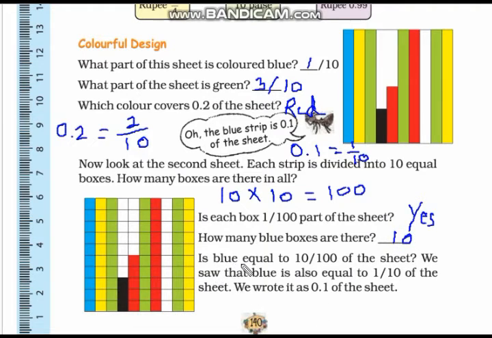Now, is blue equal to 10/100 of the sheet? We saw that blue is also equal to 1/10 of the sheet. We wrote it as 0.1 of the sheet. Is blue equal to 10/100 of the sheet?